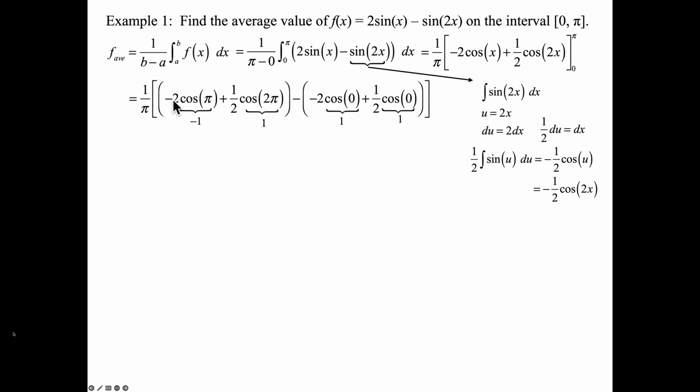So I have negative 2 times negative 1, which is 2, plus 1/2 times 1, that's a half. I have negative 2 times 1 is negative 2, but I'm going to distribute my negative and change it to a plus 2. And then a negative times the 1/2 times 1 is negative 1/2. The halves cancel. 2 plus 2 is 4. 4 over pi will be my average function value.